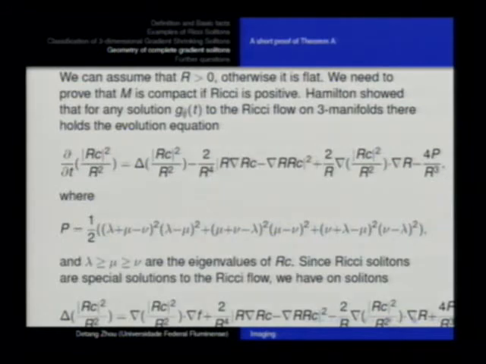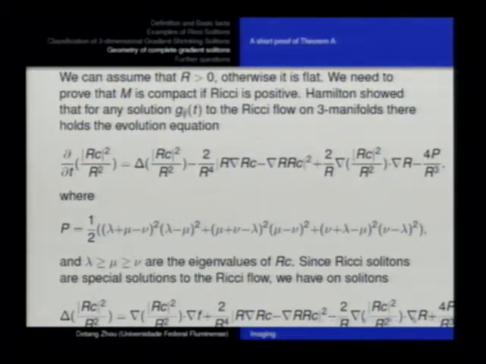Okay, now we are ready to give a quick proof of the classification of three-dimensional shrinking solitons. We just pay attention to this equation. This equation is for the curvature.